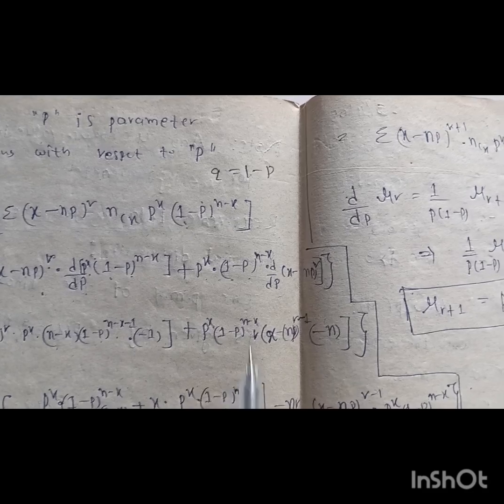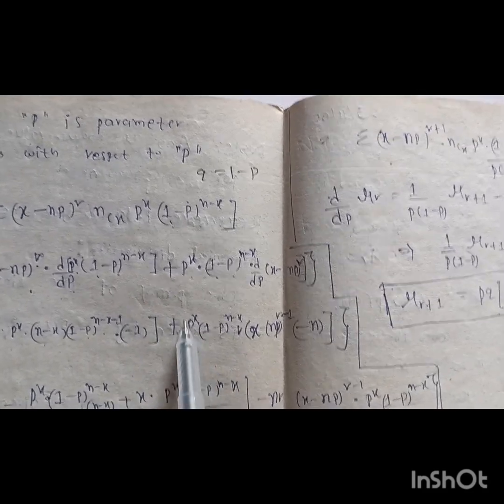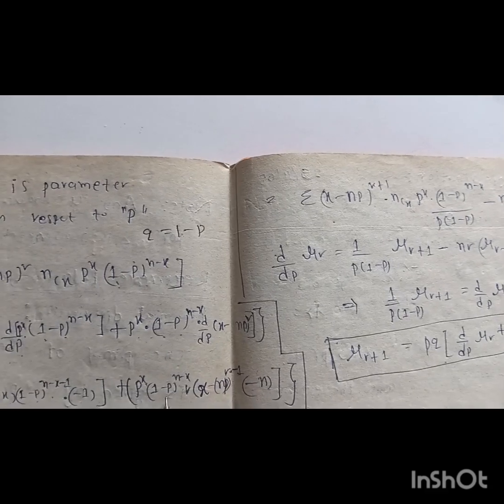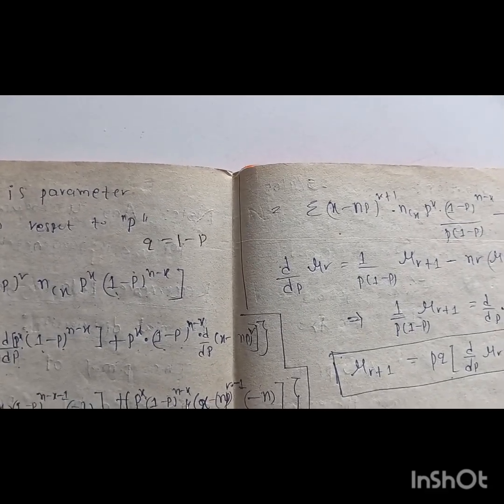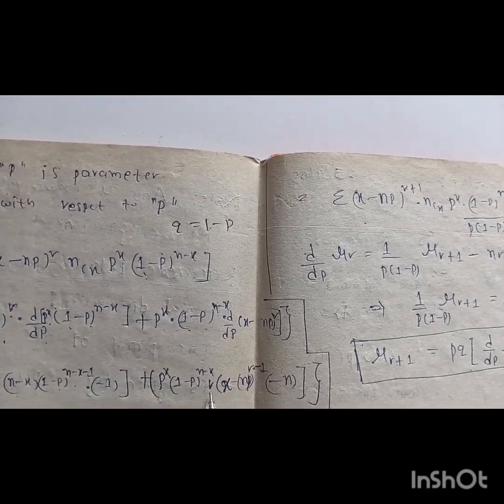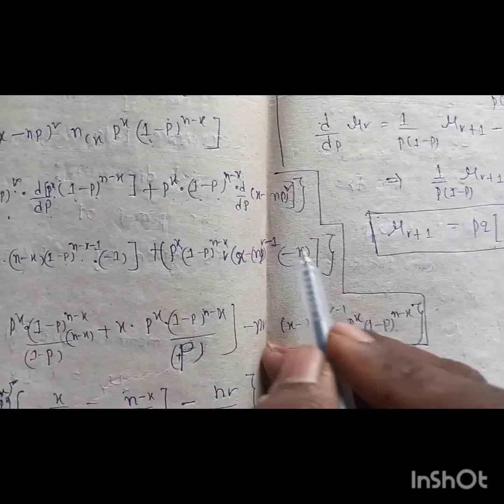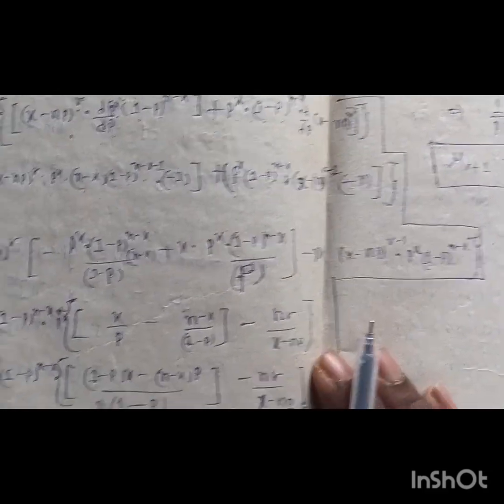Next, similarly, p to the power of x is kept constant and 1 minus p whole to the power of n minus x is kept constant. So the whole term you can differentiate, then you will get values like this.